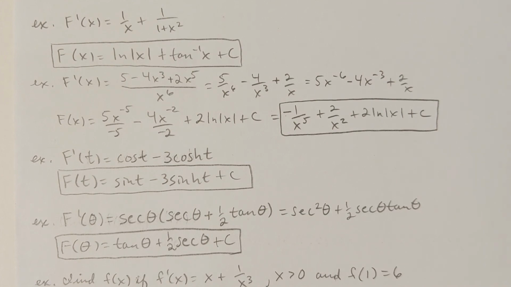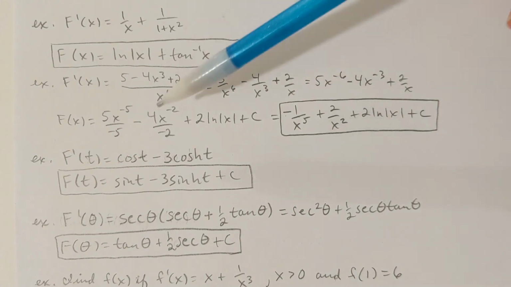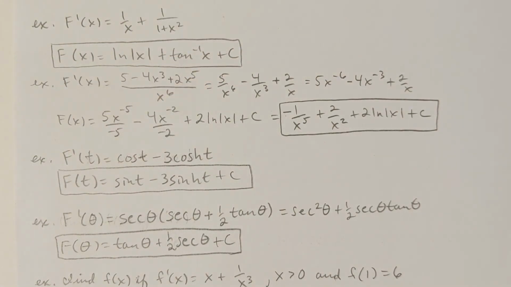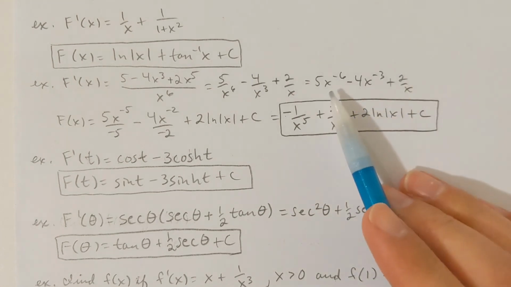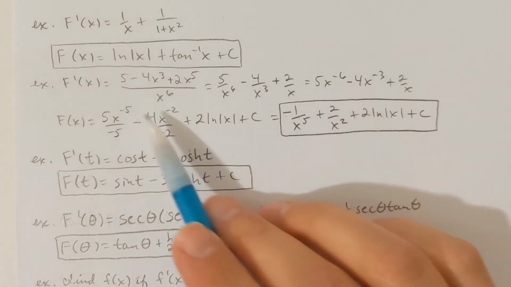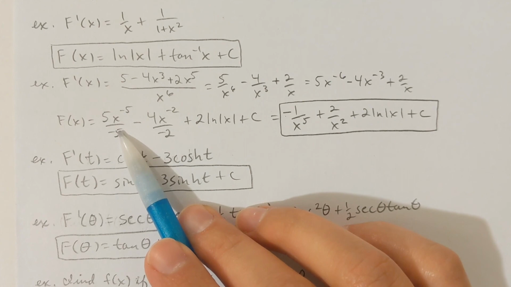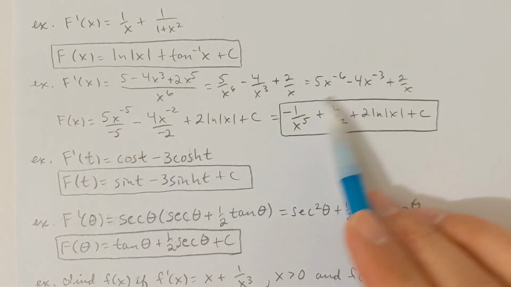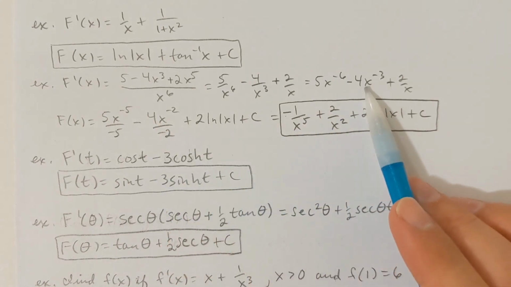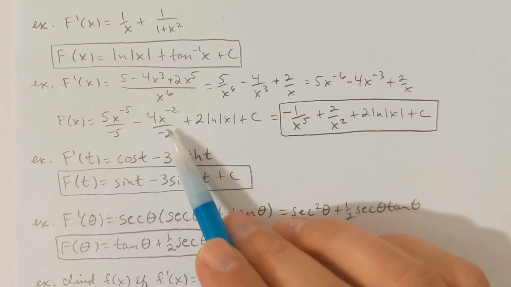Therefore, constants can come out of antiderivatives. So this 5, that's a constant, I would just leave that alone. The antiderivative of x to the negative 6 would be x to the negative 5th divided by negative 5. I'm using the reverse power rule. Minus 4, I'll leave that as is, times x to the negative 2nd divided by negative 2. Again, add 1 to the power, divide by the new power.